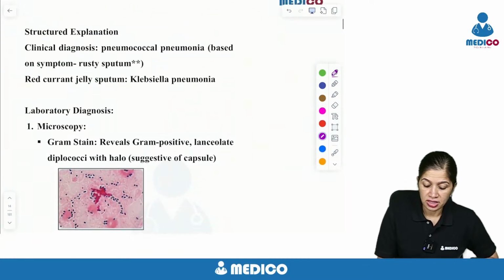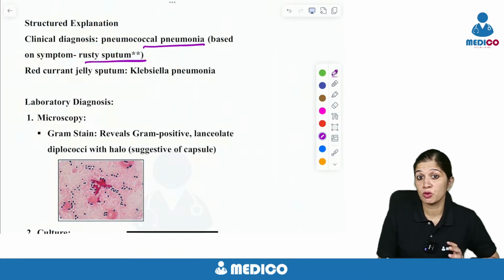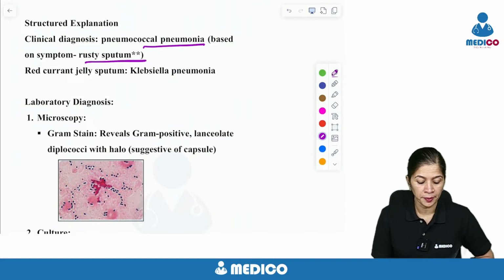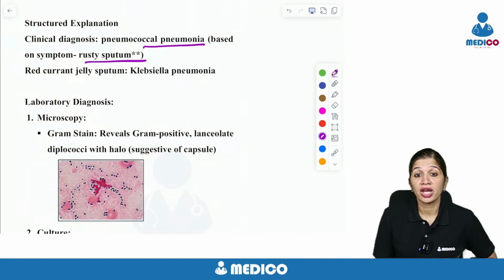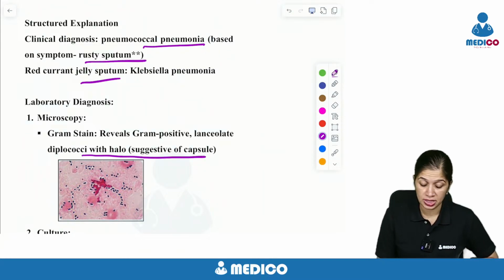Now, as I said, this is pneumococcal pneumonia. Okay, there is a rusty colored sputum that has been mentioned in the question. That's a very significant pointer towards pneumococcal pneumonia. And similarly, you can have red currant jelly sputum for Klebsiella pneumoniae. Gram stain: gram-positive lanceolate diplococci showing a halo. That halo is actually suggestive of the presence of capsule.